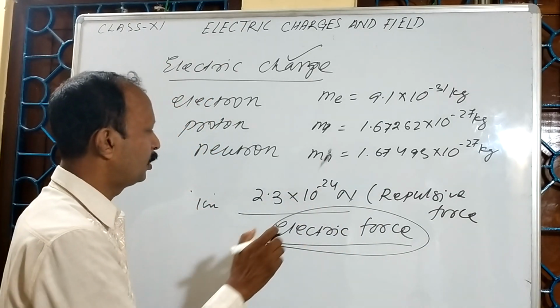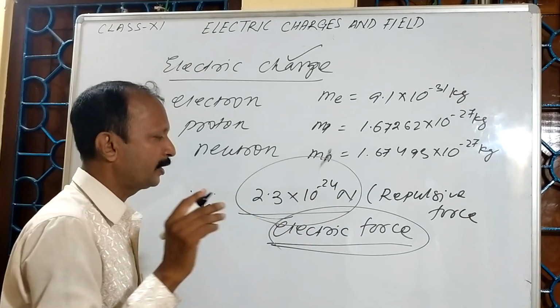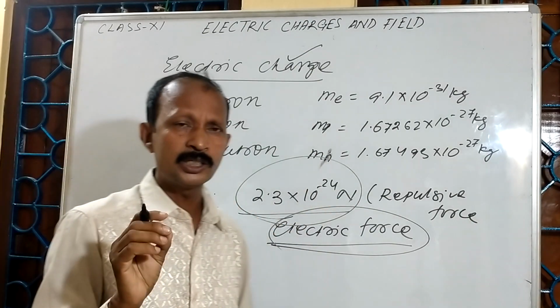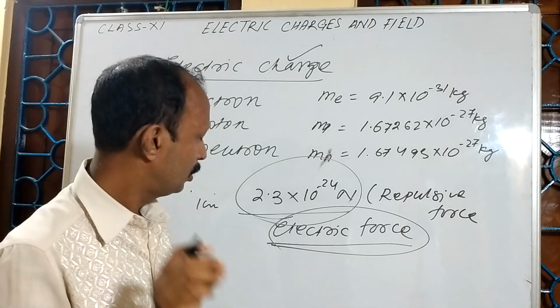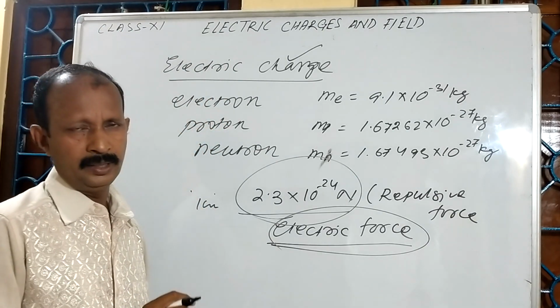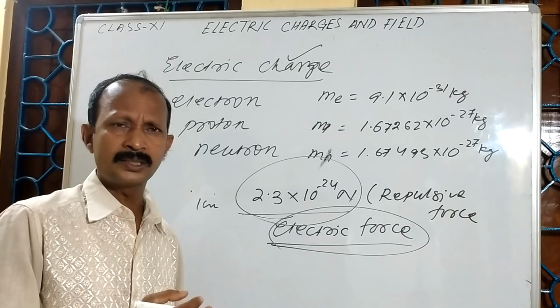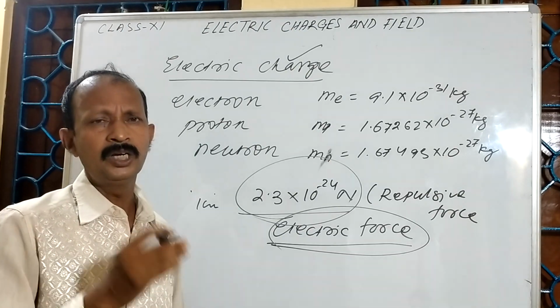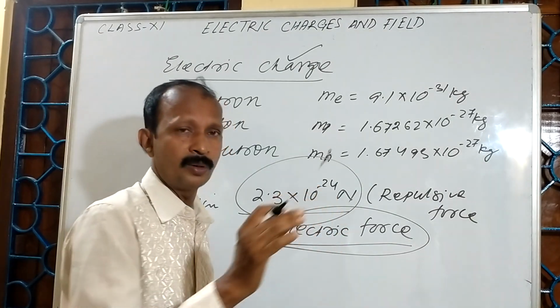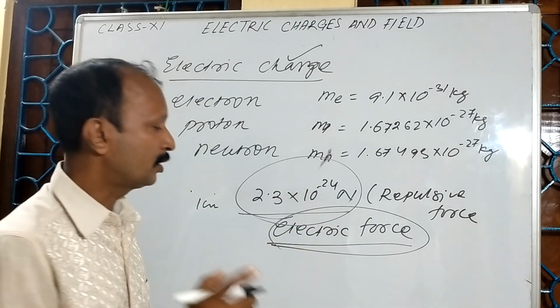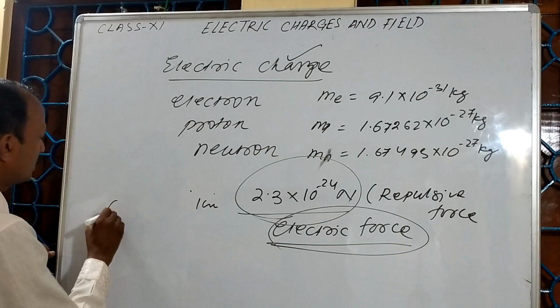That repulsive force I have written: it is 2.3 into 10 to the power minus 24 Newton. So I can say that in addition to the mass, they have another property which is responsible for this electric force. That property is nothing but the charge.